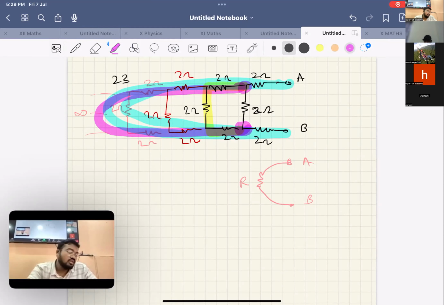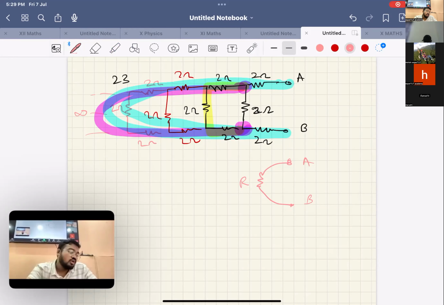Okay. Therefore, yeah, this pink branch, the pink colored, the effective resistance should be R, right? Understood? This whole blue thing is same as the pink thing, because you're just removing one branch from the blue to get the pink branch. Understood? That's also pink is also R.